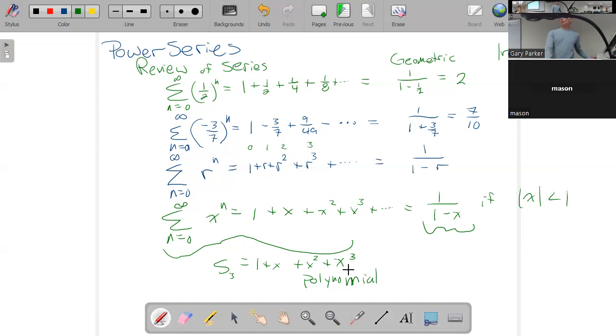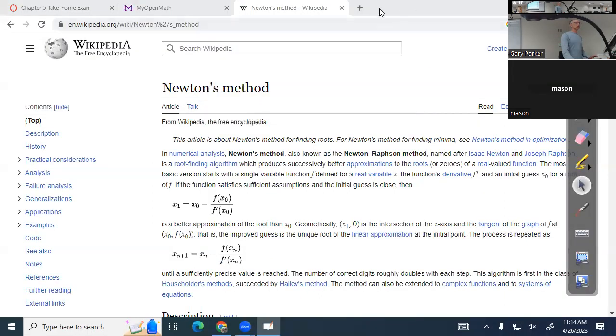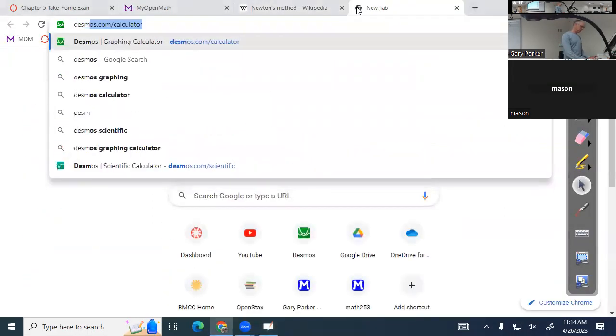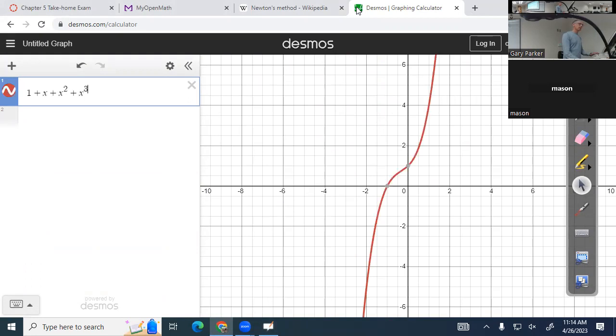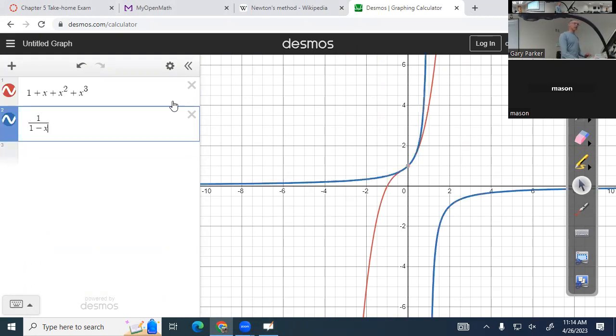I only stopped at 3. Let's graph these two and see what they look like. The graphing tool for today is Desmos, and I want to graph 1 plus x plus x squared plus x cubed. Looks like that. Let's compare that to the graph of 1 divided by 1 minus x.